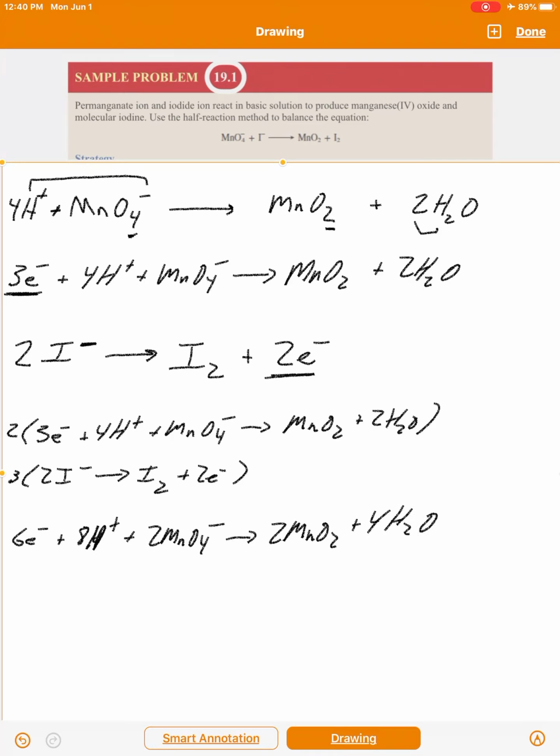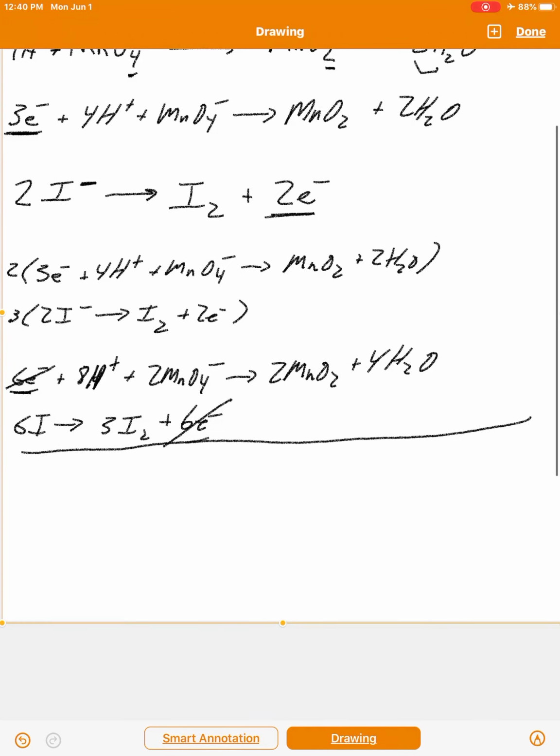So that's done. Now we do the second half reaction, the iodide. 6 iodides goes to 3 iodines plus 6 electrons. See how the electrons are equal? Cancel them. Is there anything else we can cancel? There's nothing else we can cancel. So that's overall. We add them together.